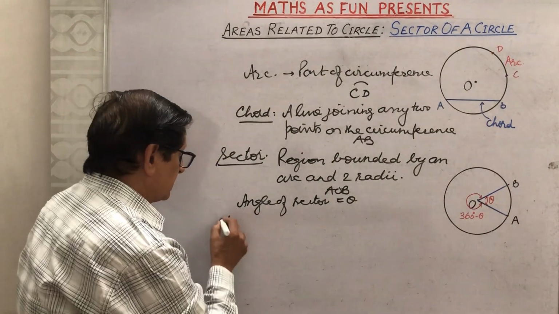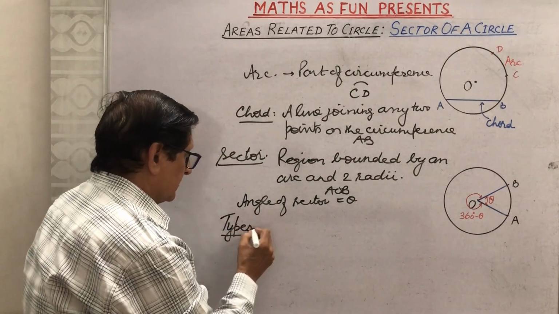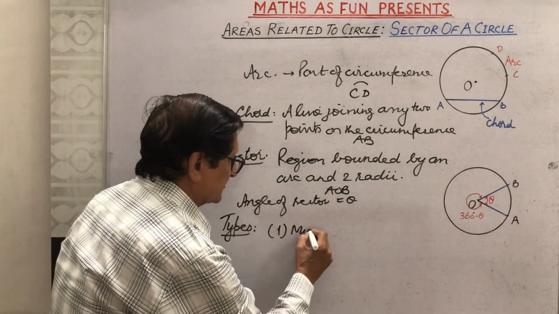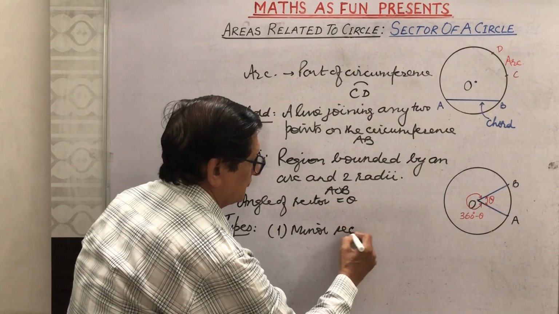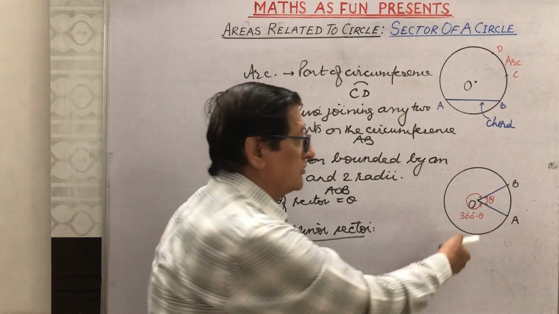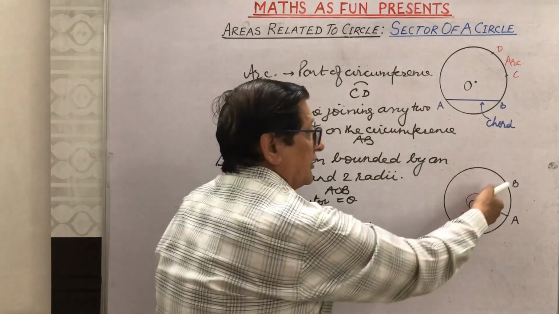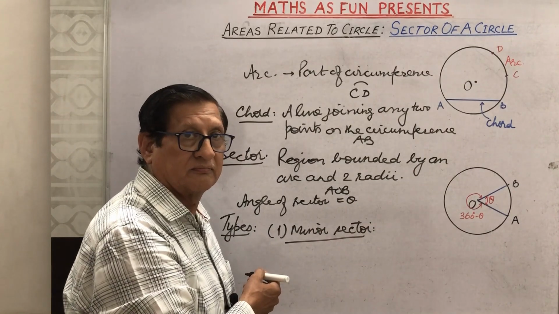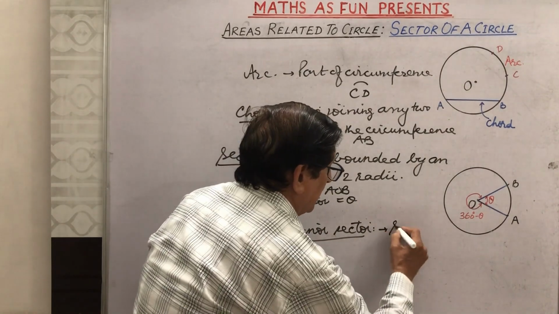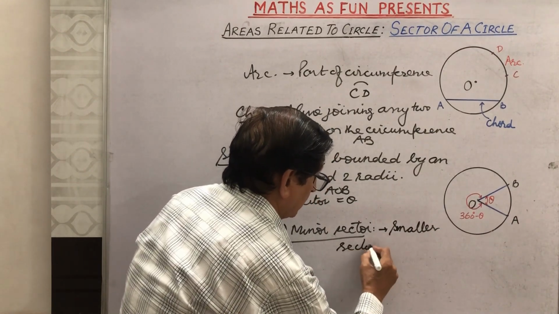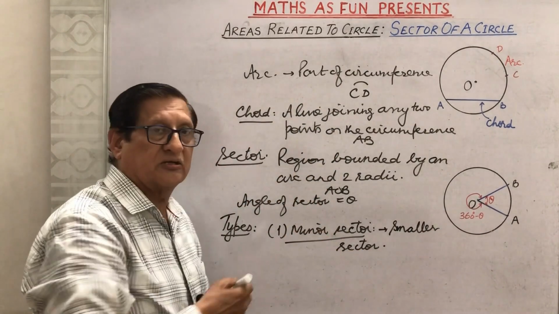Now let's learn about the types of sectors. Number one, we have minor sector. The smaller sector, like AOB here, is known as the minor sector. So we say smaller sector is known as the minor sector.